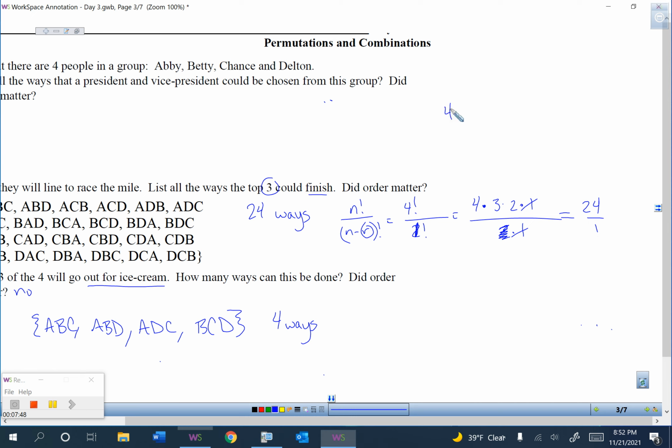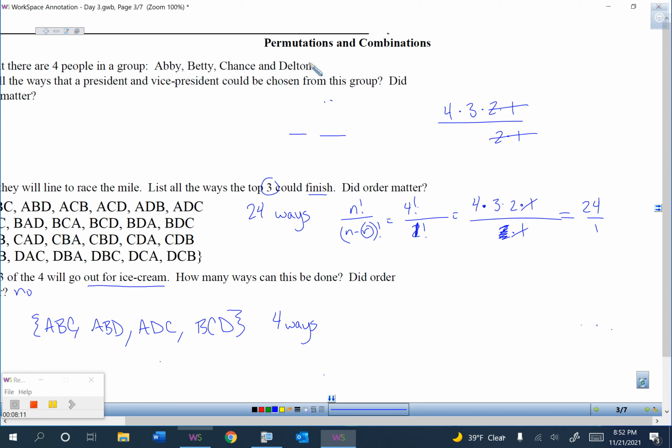When we're talking about the number of ways to choose president and vice president, that's a situation where we're choosing 1 from this group and 1 for this group. But we have the same 4 people for each choice. The first one, there are 4 options, but the second one, as soon as we choose someone to be president, they can no longer be vice president, so it ends up being 4 times 3 for the 12 we got there.